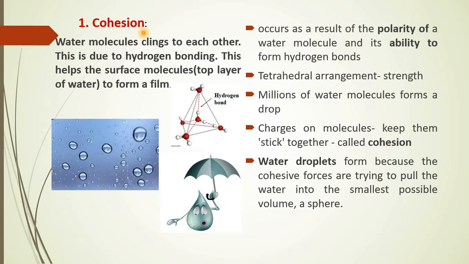It is because of the polarity of the water molecule which enables the charged surfaces of the water molecules to stick together and results in the formation of a thin film on the surface, right? And this ability is defined as cohesion, right?